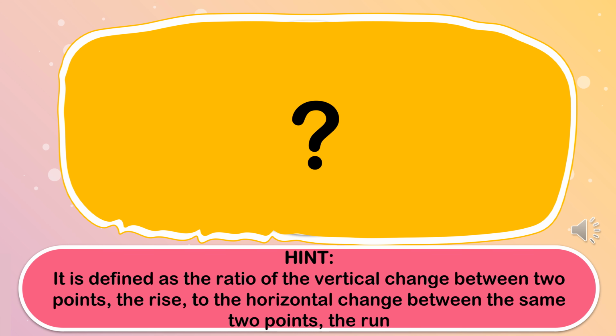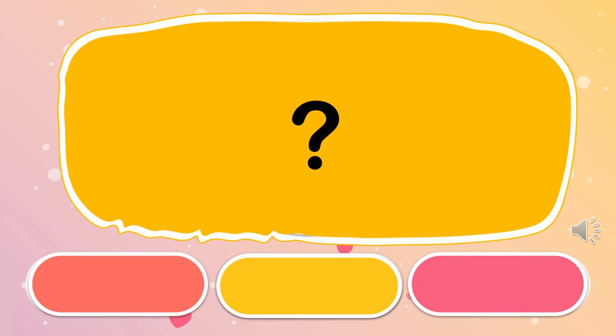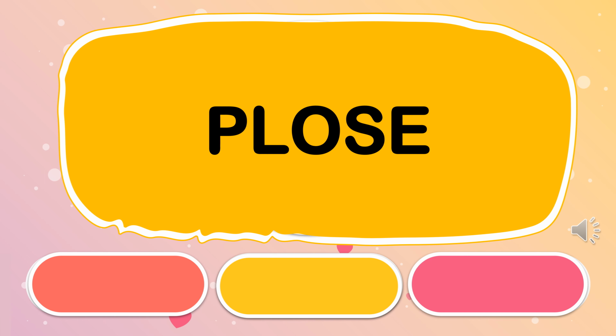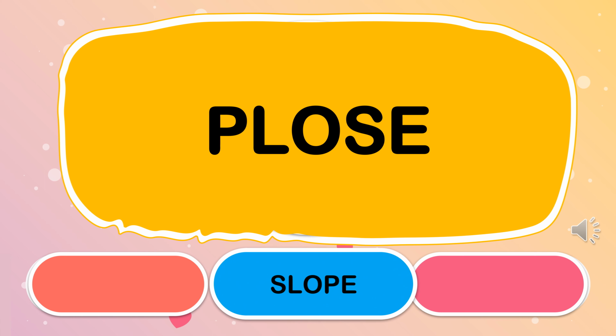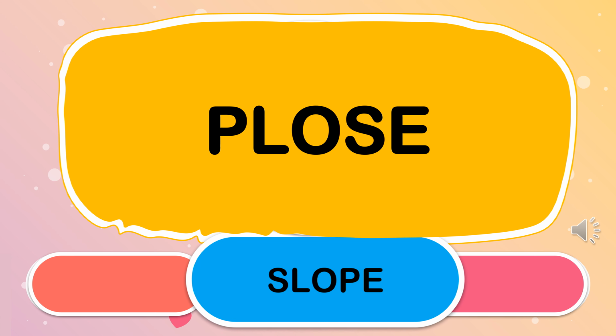Next term, it is defined as the ratio of the vertical change between 2 points, the rise, to the horizontal change between the same 2 points, the run. What term is this? Very good. So the correct answer is slope.